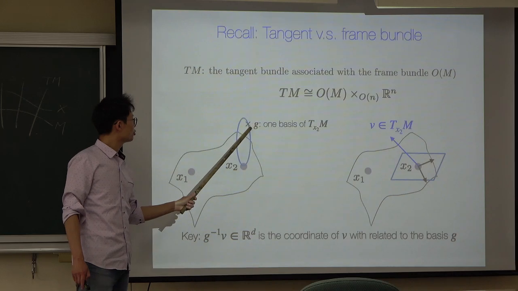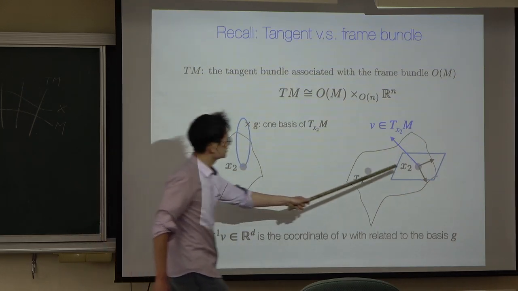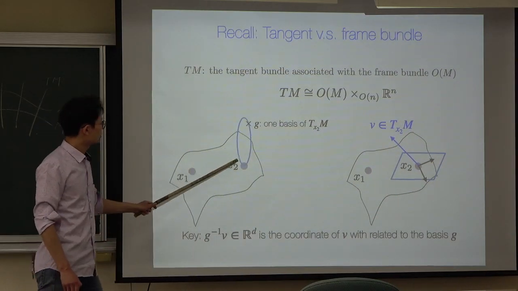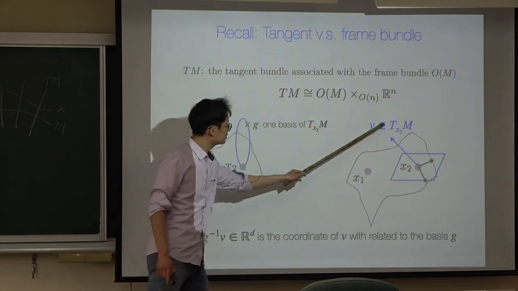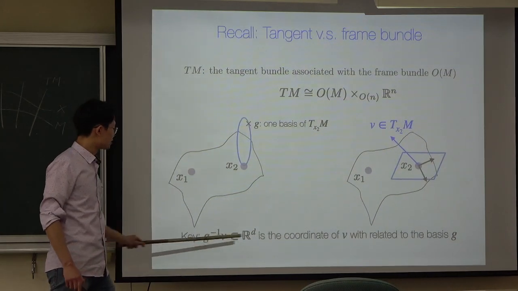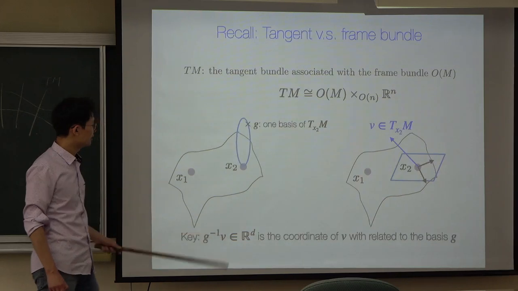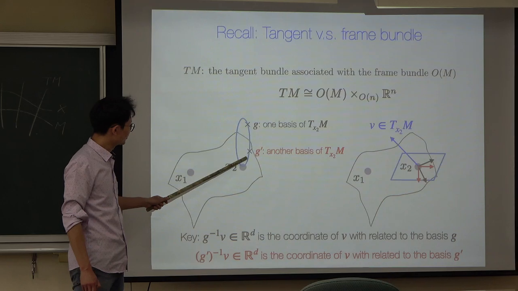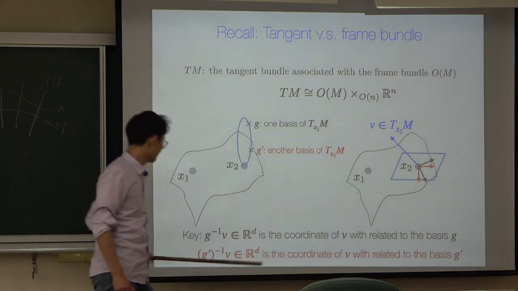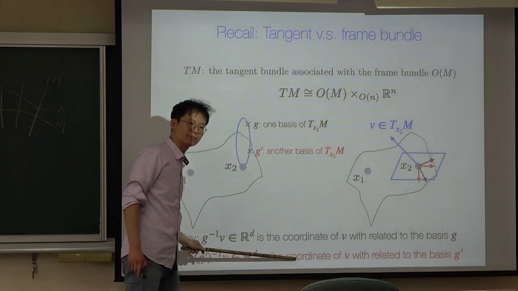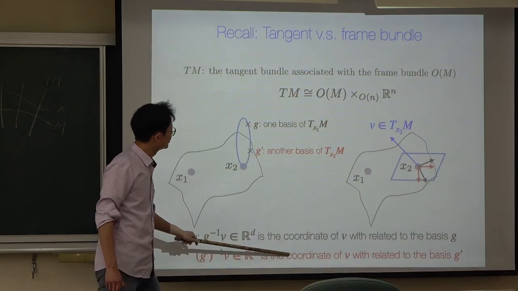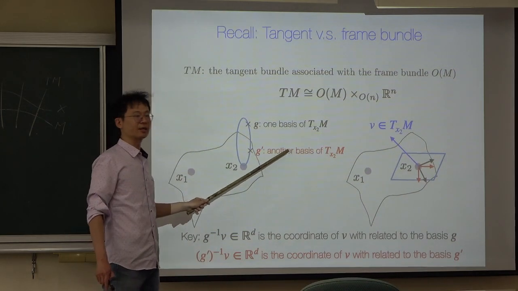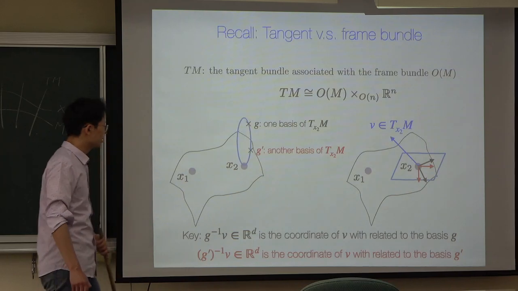And if I give you one point, which gives you one basis, then what you can do is use this basis to represent this vector by its coordinate. So this is what you learn from linear algebra. And if you change one basis from one to another, you get another basis. Then obviously you get another coordinate. So you have different coordinates describing the same point using different bases. That is the key ingredient you learned from linear algebra.